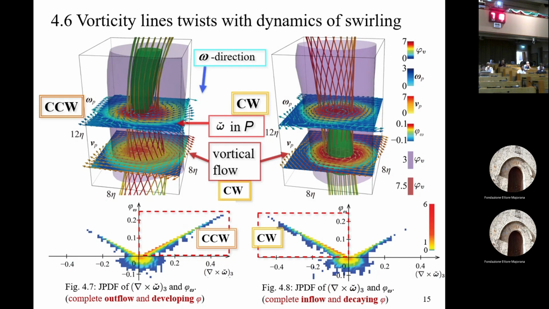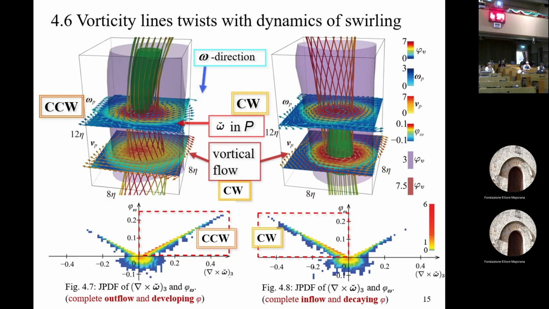And this figure shows the joint probability density function of the direction of swirling of vorticity line and swirlity of vorticity lines.